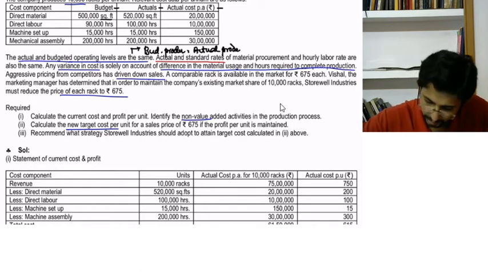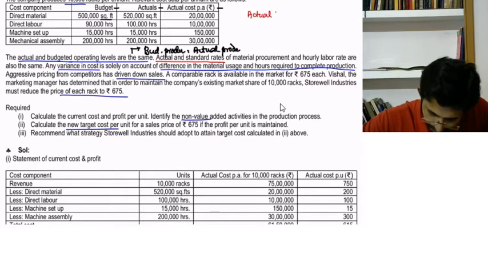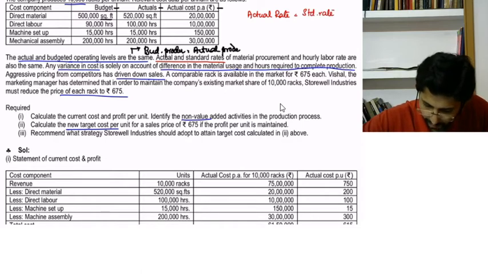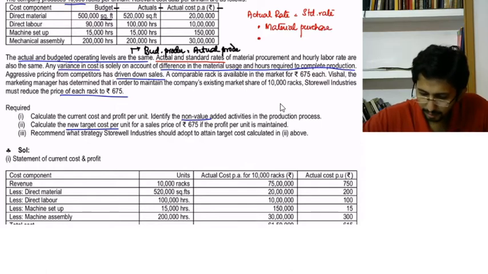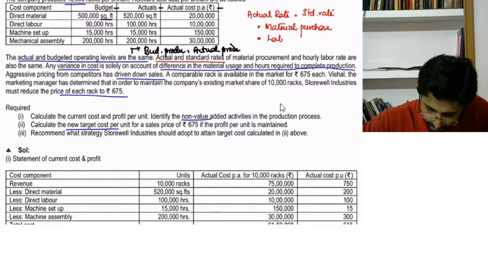That means the actual rate is equal to standard rate for two things. What are they? Material procurement, so material purchase rates. Also what? Hourly labor rate. That means labor rate.